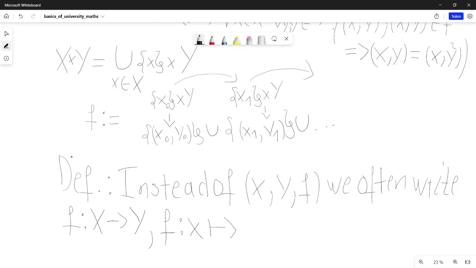This is the assignment arrow and this is the going-to arrow. Or for assignment also just f of x, and this is kind of an evaluation, but what we mean is that to this x is assigned this y, so we mean exactly this thing, right?